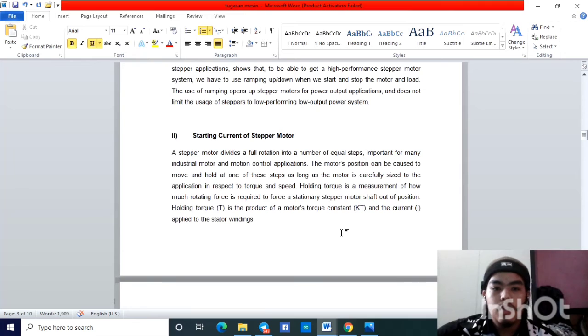A stepper motor divides a full rotation into a number of equal steps. This is important for many industry, motor and motion control applications.